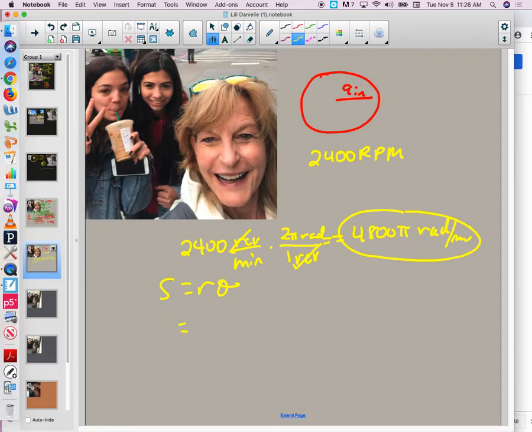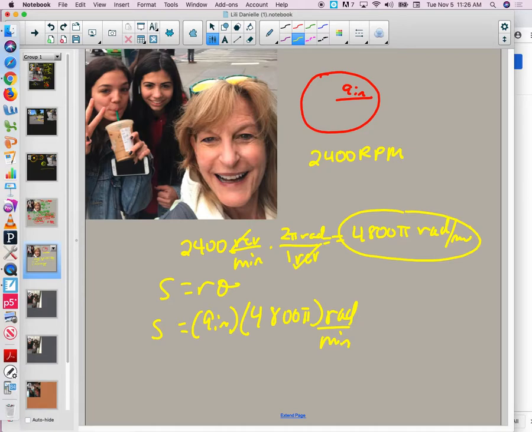The second question: find the linear speed of the wheel. The radius of the wheel is 9 inches, and theta is 4,800 pi radians per minute. I didn't say it in this problem, but I wanted the speed in miles per hour. I've got inches and radians and minutes, too many dimensions going on.